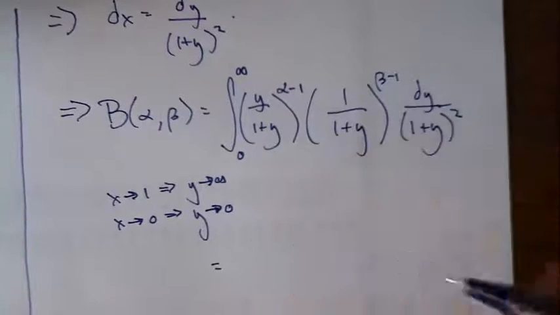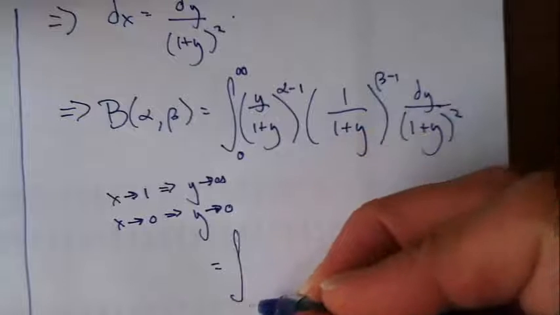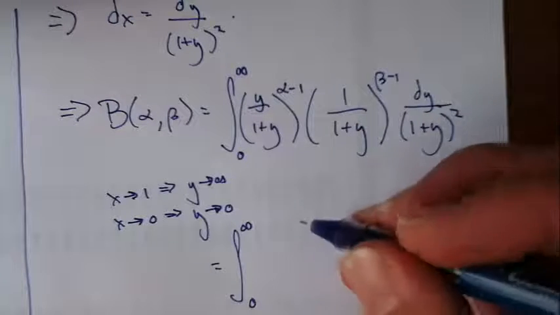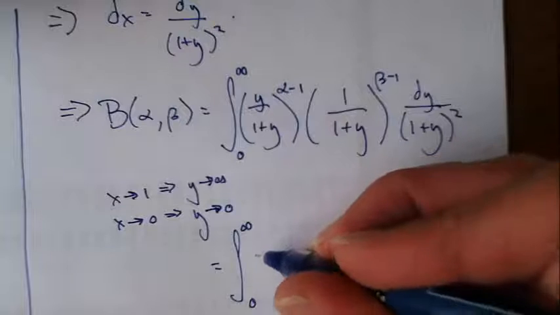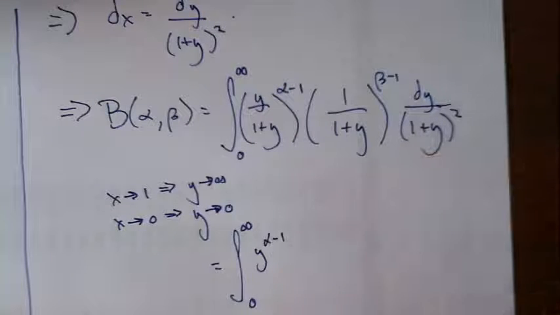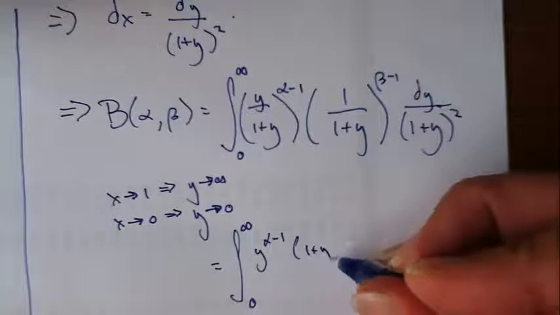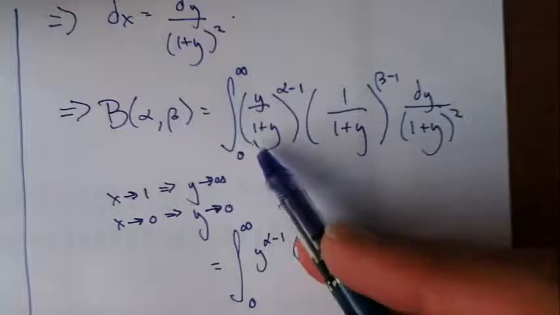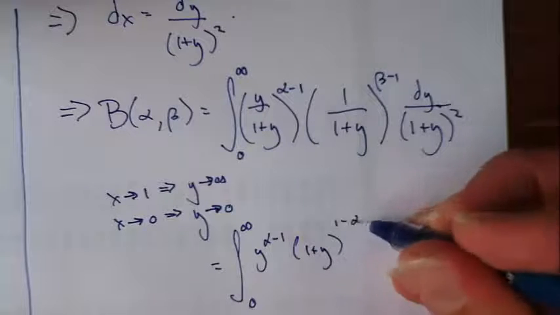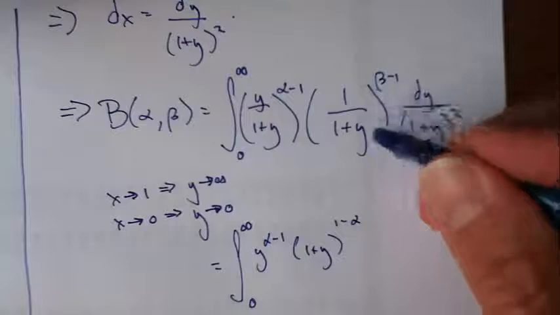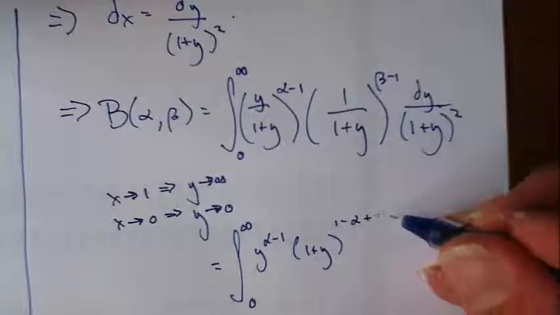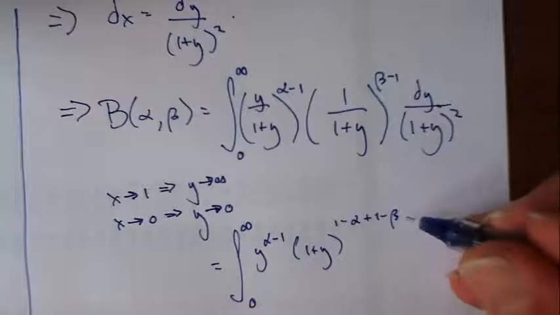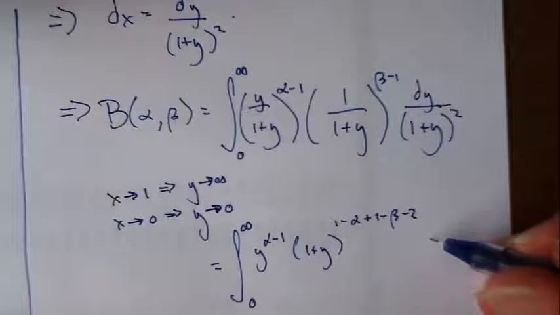Now I can simplify the integrand here a little bit. This will be y to the alpha minus 1 times 1 plus y. I've got a bunch of 1 plus y factors. Here I've got 1 plus y raised to the 1 minus alpha, and then here I've got it raised to the 1 minus beta, and here I've got it raised to the negative 2, right? dy.